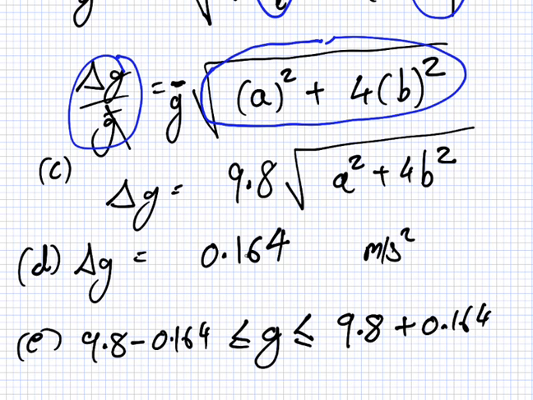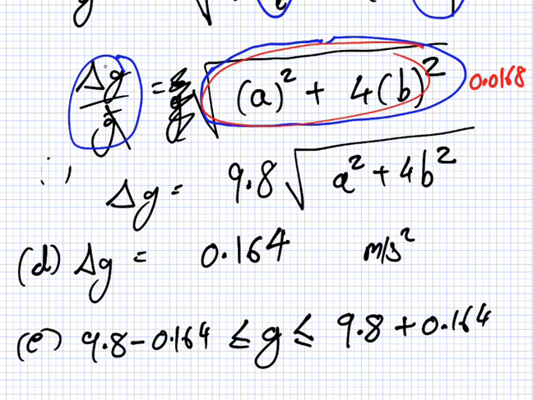If you divide this number by 9.8, what do you get? 0.0168. That's the relative uncertainty: uncertainty divided by the mean, and from the formula it's just that square root piece.